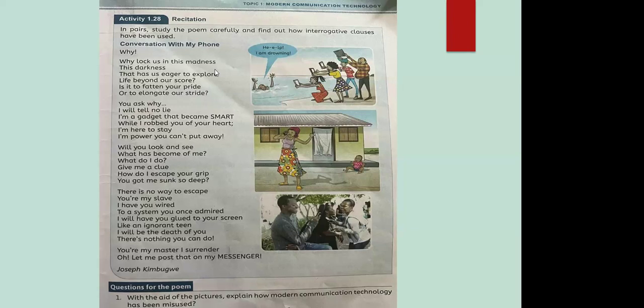Okay, so modern communication technology has been misused when people are addicted to their phones instead of carrying out their duties in society. Okay, where do you see that? I need you to give me reference.